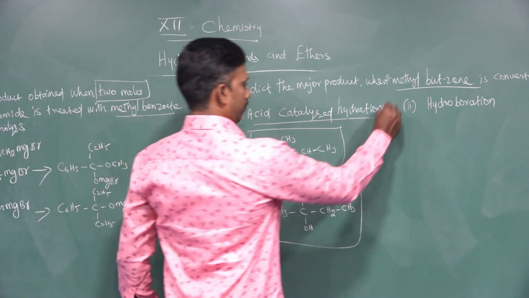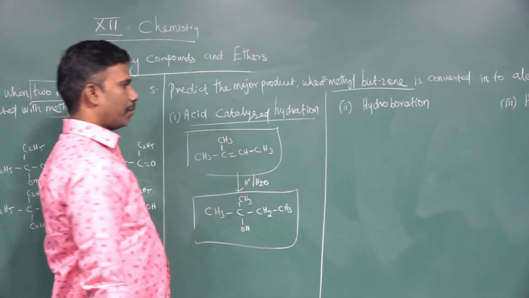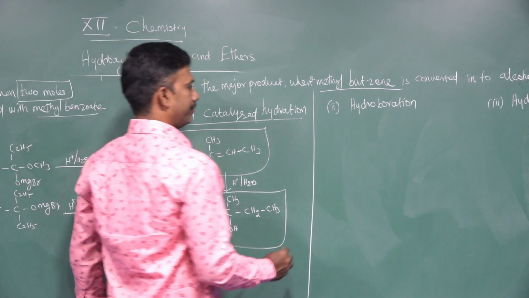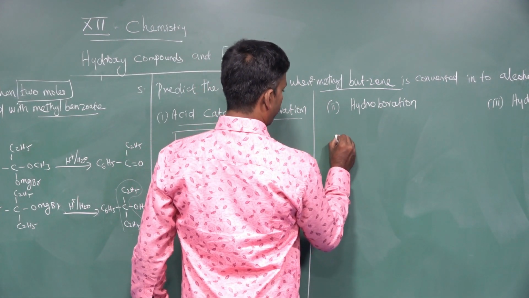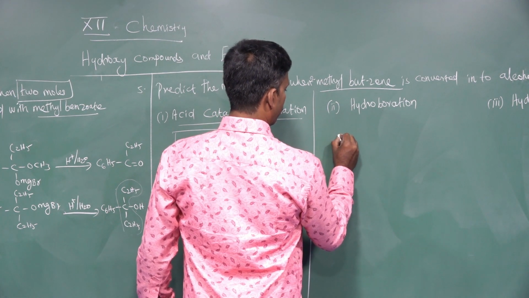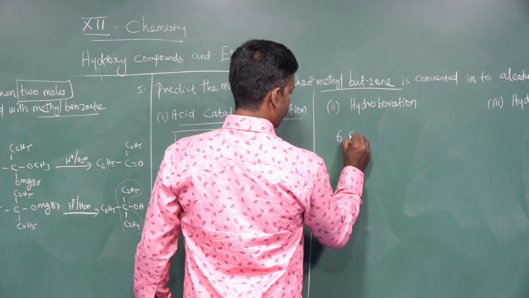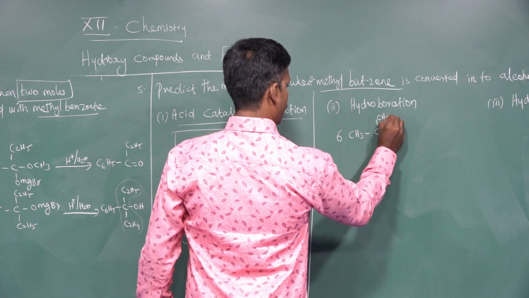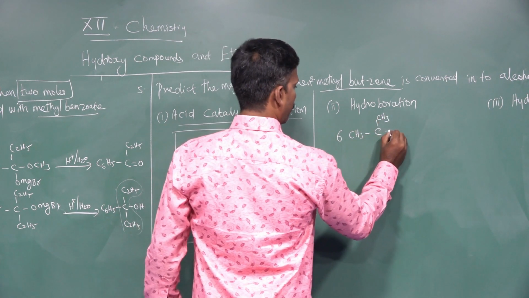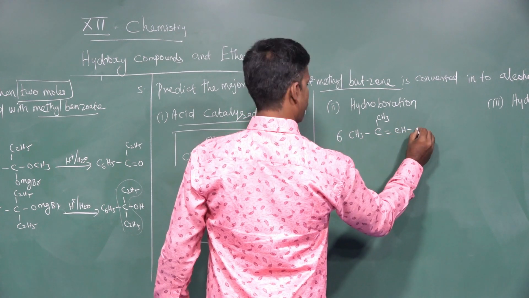Then, hydroboration. Then 2-methyl-2-butene, if you write it, CH3, double bond, CH3.